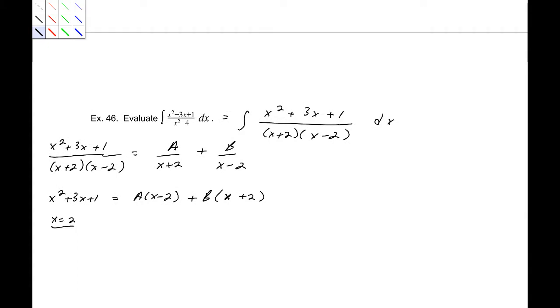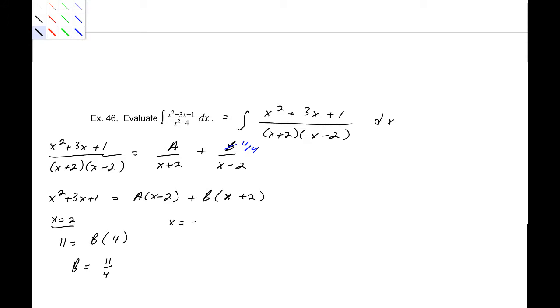If x is 2, then 2 squared, so 4 plus 6, that's 11, equals, the first term cancels, and I get b times 4, which makes b equal to 11 over 4. Let me just mark that here, that's 11 over 4.